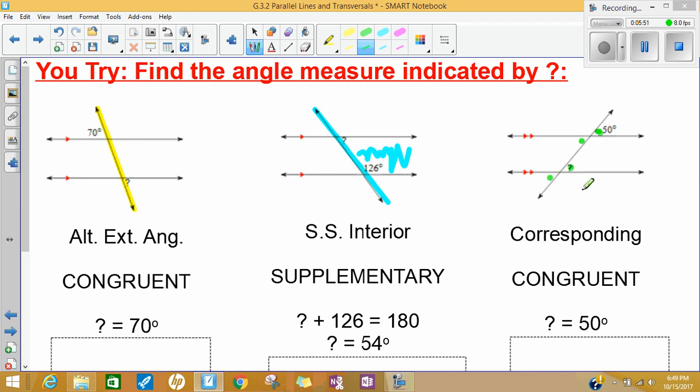They all look like they're about the same measure, and that's because they are all 50 degrees. And then these other ones, they all look like they're the same size, and that's because they are, and they would be supplementary to 50, or 130 degrees. So all four of these purple or pink angles would be 130 degrees.